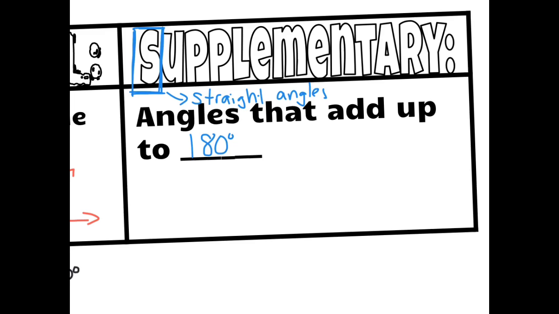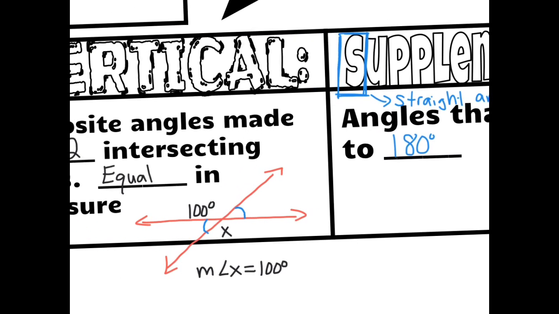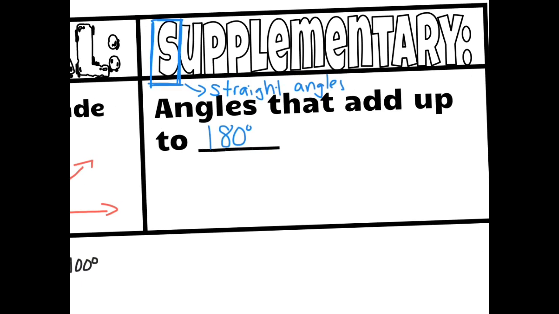The thing about supplementary angles is they can also help to explain why vertical angles are equal in measure. If I take that same idea that I just did, and I draw my two intersecting lines, and we'll say that this one's 100 degrees, but now the angle I want to know is angle A, which is right here.